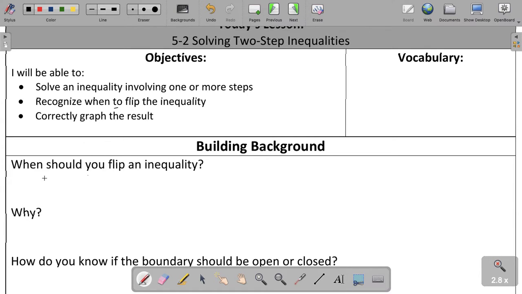You change the direction of the arrow when we multiply or divide by a negative number to solve. Okay, whenever we multiply or divide by a negative number to solve. Why? Because it's the opposite.